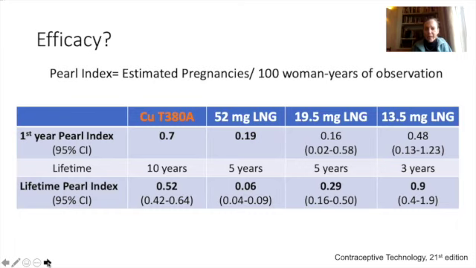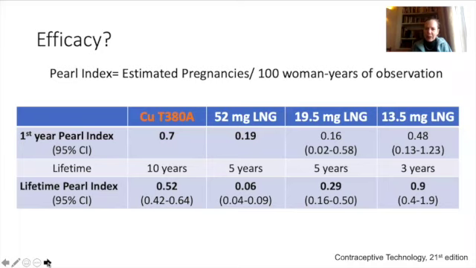Over the lifetime of the product, the lower dose hormonal IUDs are considerably less effective. So a Pearl Index there of 0.29 for the 19.5 milligram levonorgestrel IUD and 0.9 for the 13.5 milligram levonorgestrel IUD.